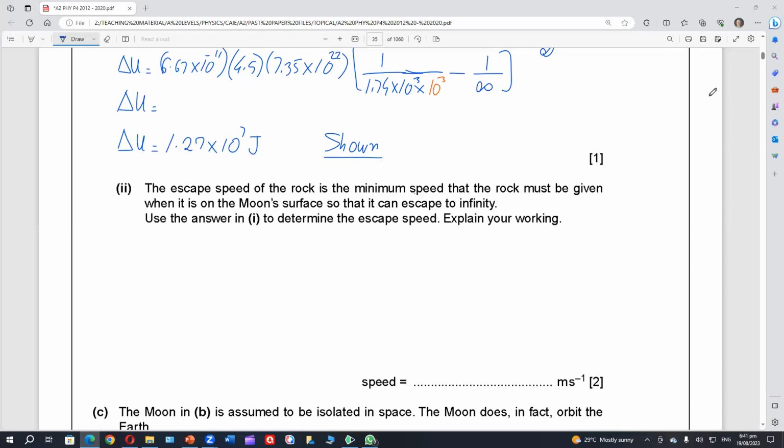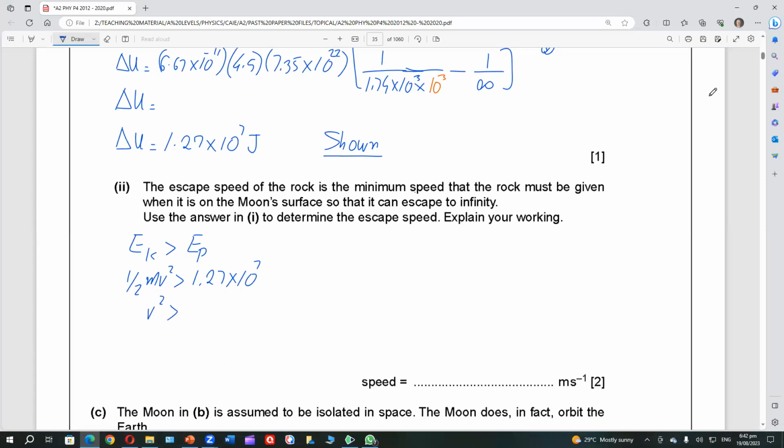So object can escape when the kinetic energy exceeds the potential energy. We had done this derivation in the class also.